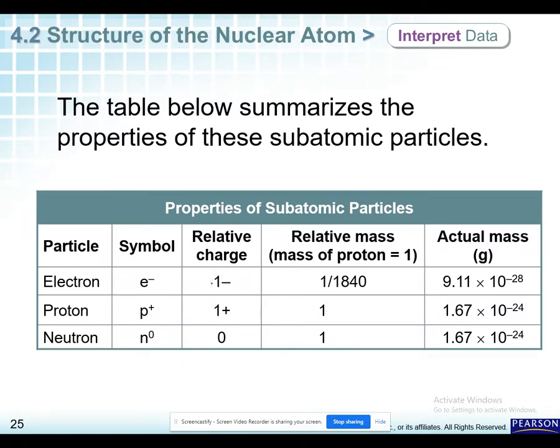So its relative charge is negative, positive, and no charge. And then in terms of its mass, protons and neutrons are equal, and then the electron is extremely smaller or tinier. But when you look at the actual mass, again, they're the same for protons and neutrons, and electrons, of course, is smaller.